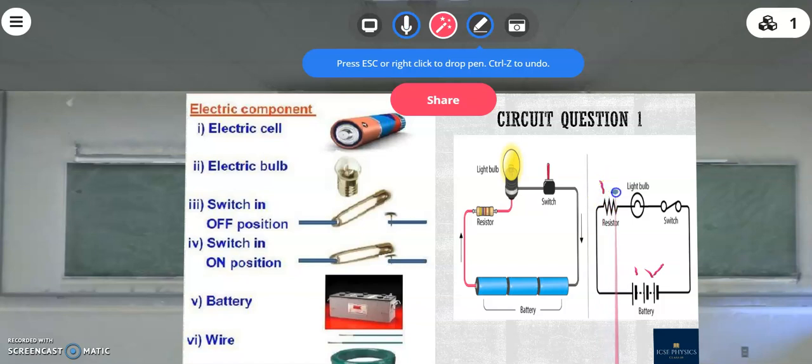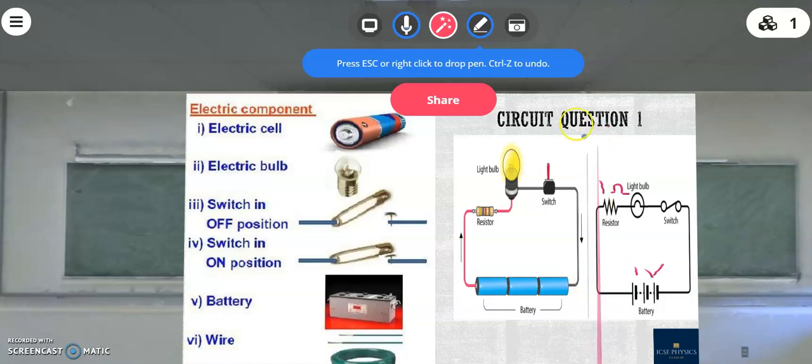Then find out what is the current flowing in this circuit. So only one resistor is there and a battery source of 1 volt is there. So what will be the current? Current will be V by R. So 1 by 1 is, you all know the answer. So this is one question.